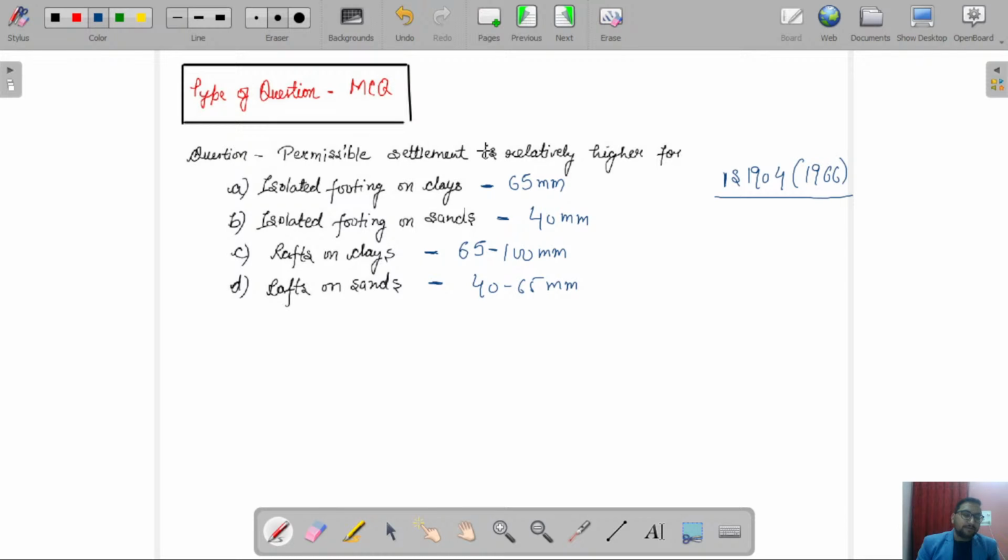So for which type of soil will your permissible settlement be more? The soil which settles less or the soil which settles more? Let me know in the comment box.